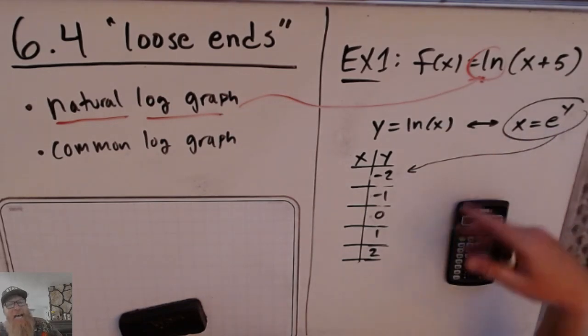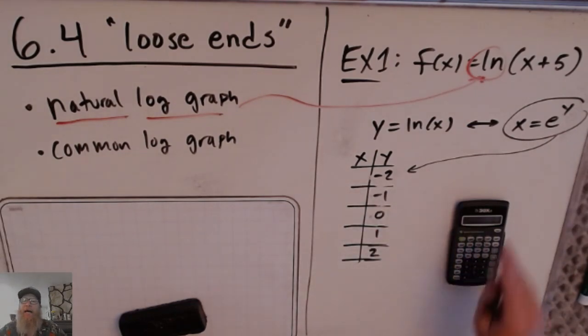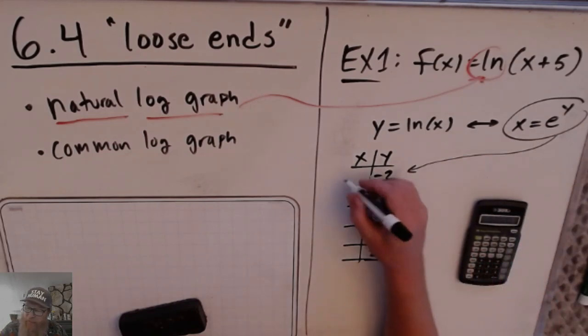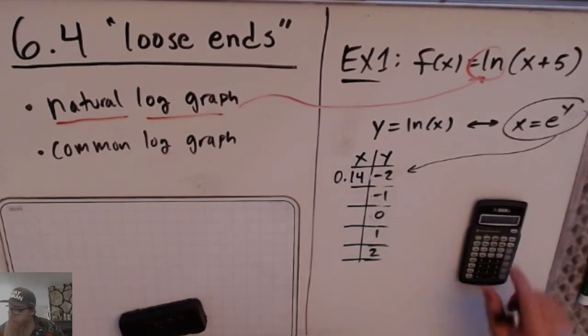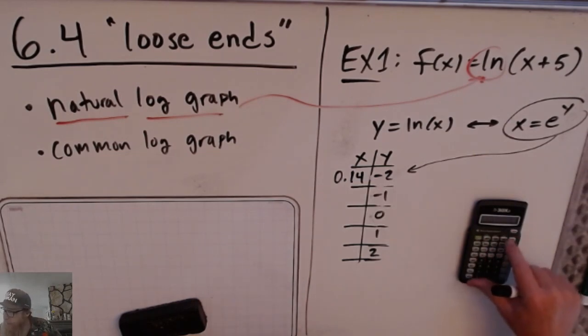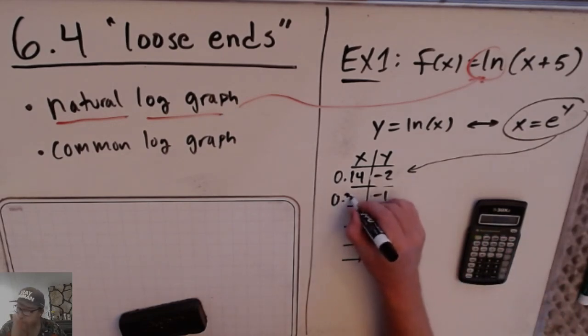So x is acting like what used to be y in the previous sections, and y is now x. You might be familiar with some of them. I'm only going to do 2 decimals, so 0.14, 0.37.